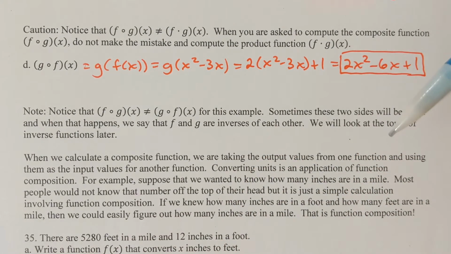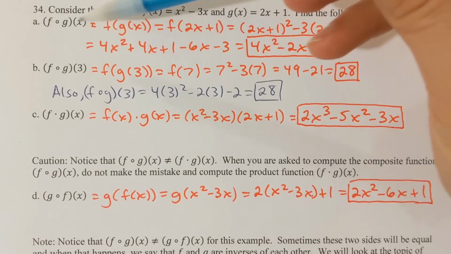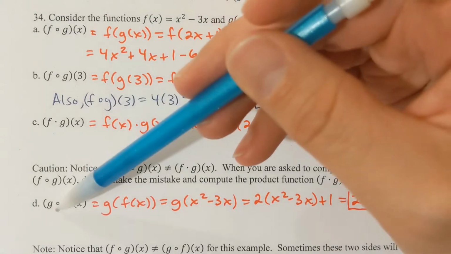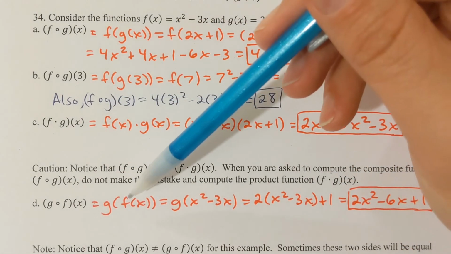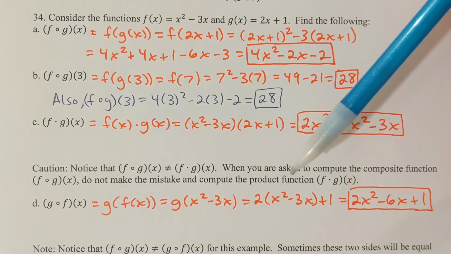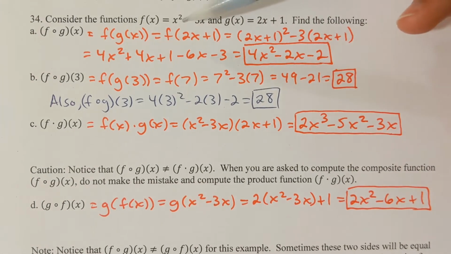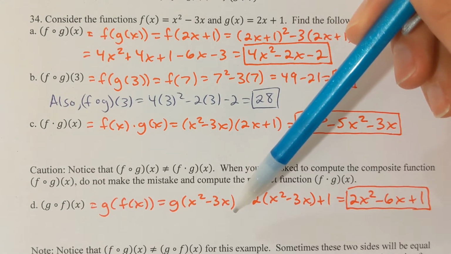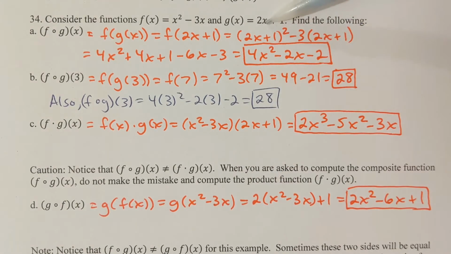Part D. Okay, g composed f of x. Well, here I've switched the functions. So basically, where I see g, I'll write f. Where I see f, I'll write g. Okay, this means that I'll be plugging f into g. So now f of x is x squared minus 3x. Everywhere that I see an x in g, there's only one.